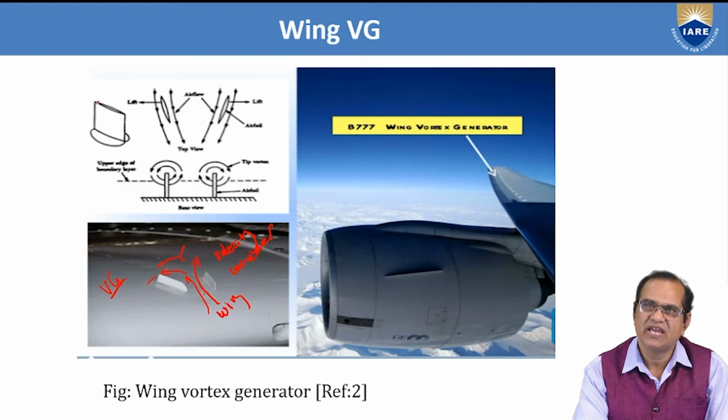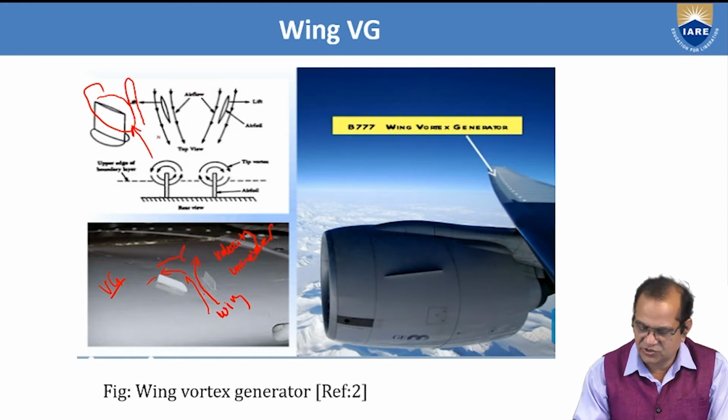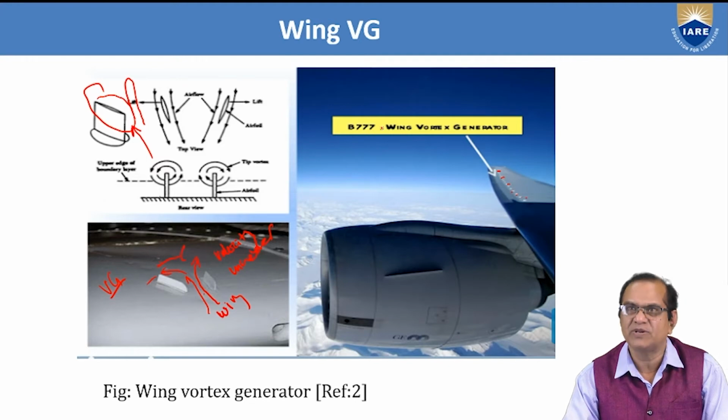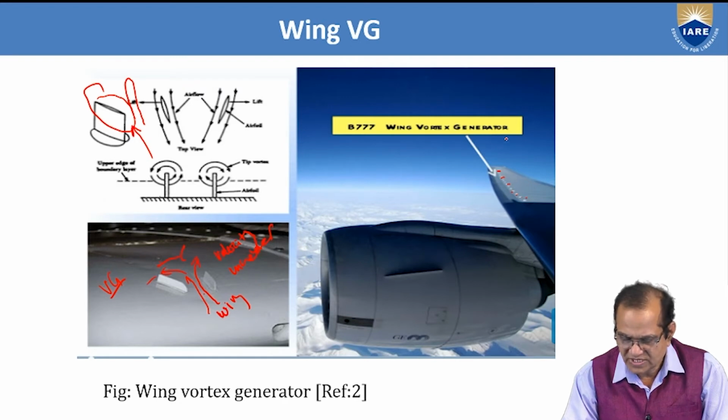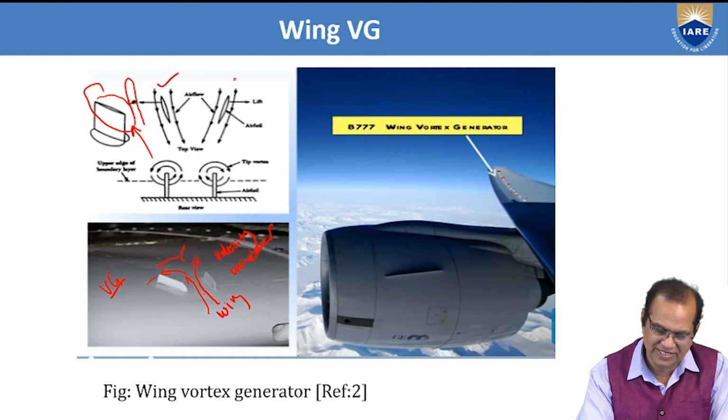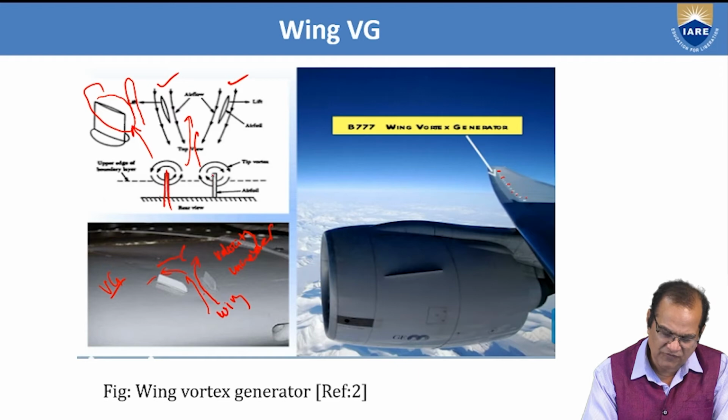The shape here is an aerofoil shape, and two of them are attached like this, and air will enter from here. You can also see a number of them fixed on the Boeing 777 wing, near the root. Air will flow from here to here. Like this we are fixing them, and they are generating the vortex.